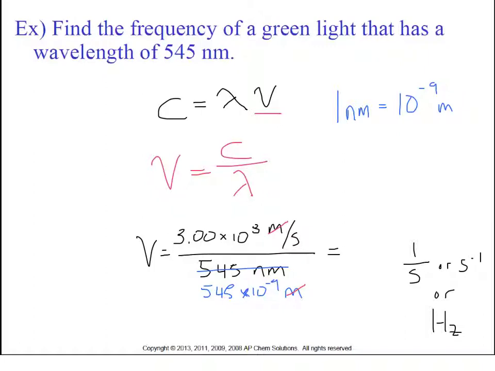So even without plugging any numbers in, we can see that our equation is at least set up right because we wound up with the units that we should end up with. And then when we do divide those two, we find out that the frequency is 5.50 times 10 to the 14th. So 5.50 times 10 to the 14th times per second. So a lot of times per second for this particular wave.